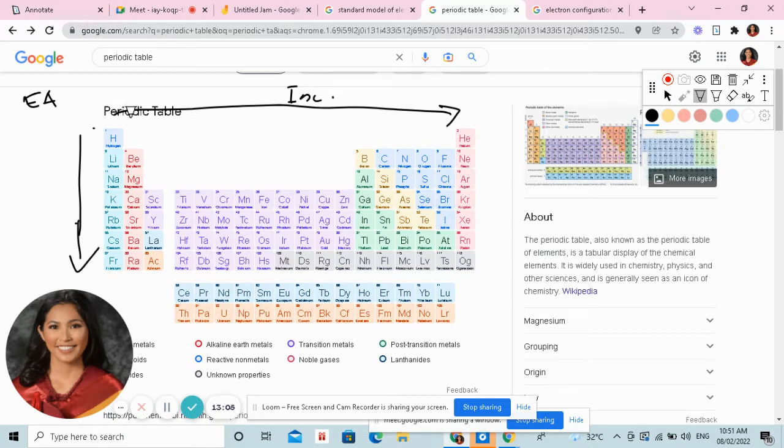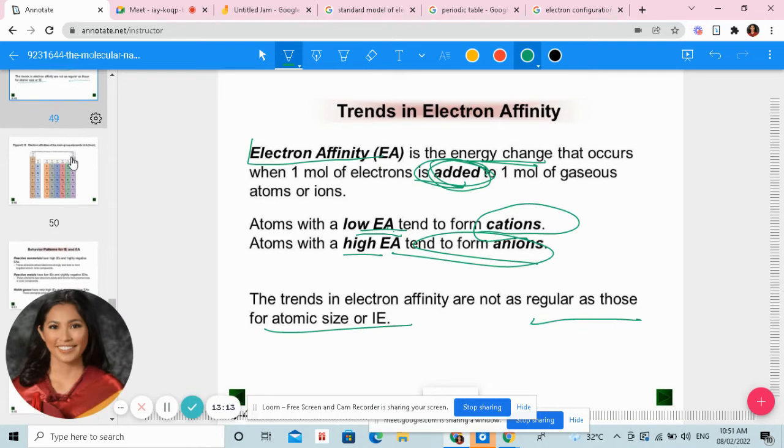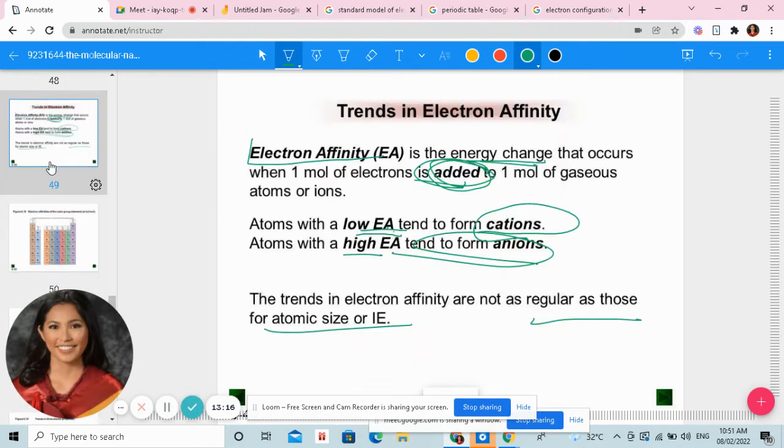Be careful when using this trend. Alright, so just remember this one.